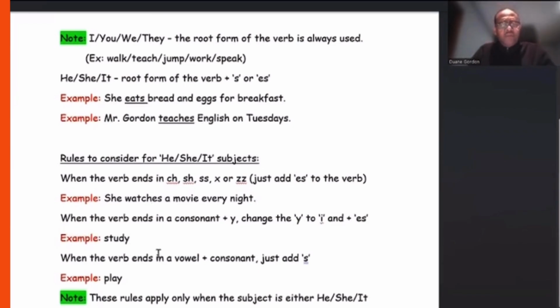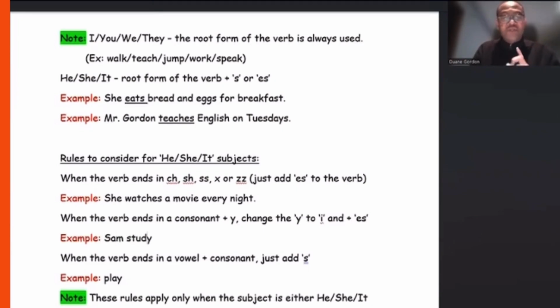Here's the second rule. When the verb ends in a consonant plus y, we change the y to i and add es. For example, study. Let's use a name, Sam.